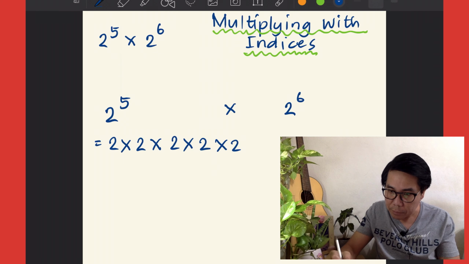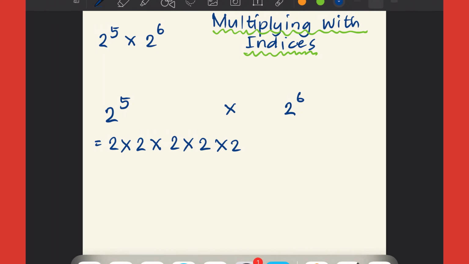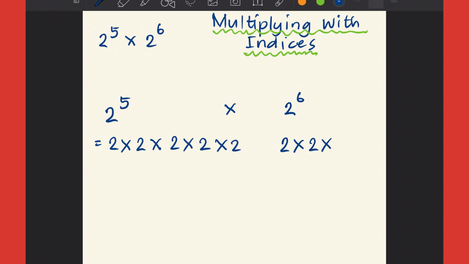So we have 2 times 2 times 2 times 2 times 2 times 2. So we multiply this 2.